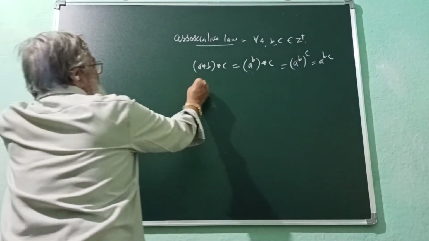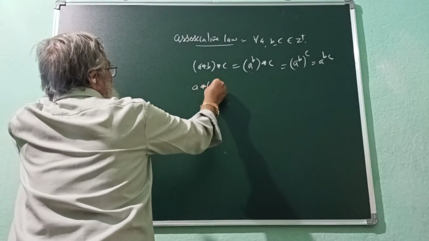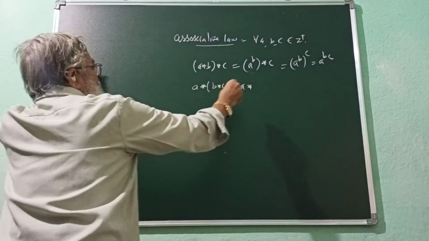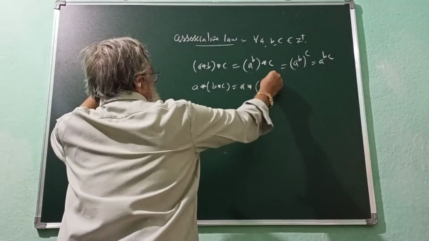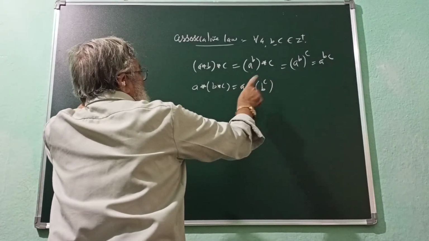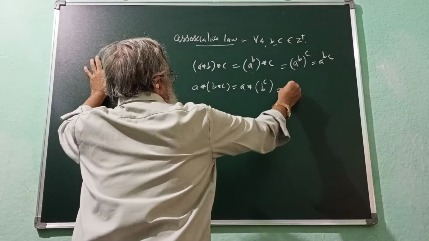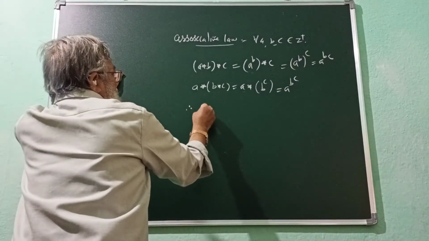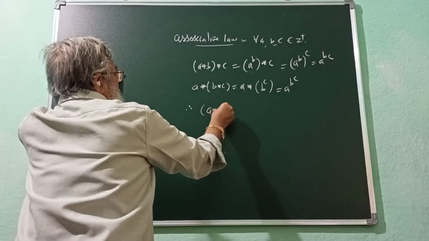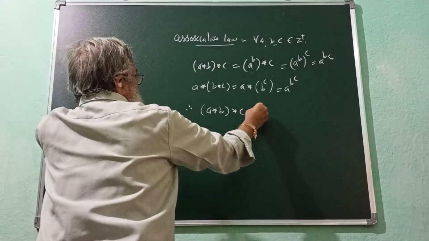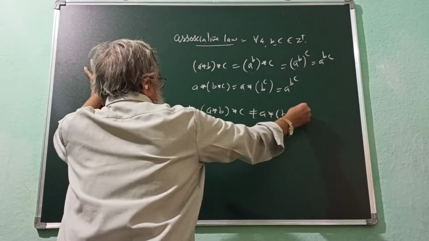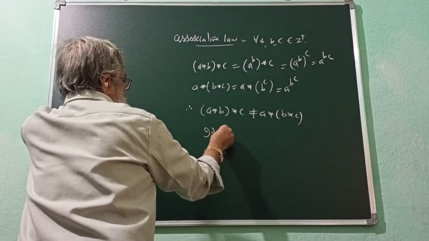Right hand side, let us check. It is A star (B star C). B star C means what? B raised to C. Again it is A, it is B. That is A raised to (B raised to C). They are not the same. Therefore, (A star B) star C is not equal to A star (B star C). It is not associative.